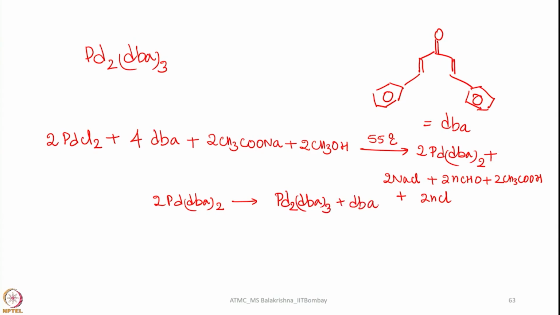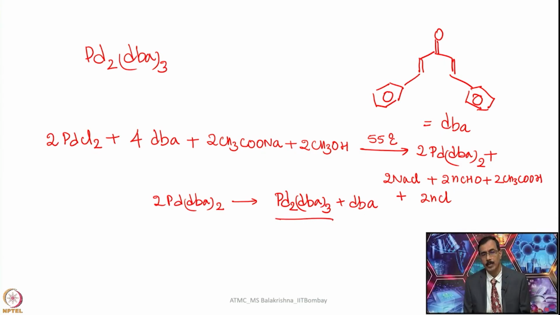One gram of palladium chloride can give you as much as 3.5 grams of Pd2(dba)3. Once you have made Pd2(dba)3, if you dissolve it in chloroform and crystallize, it comes as solvated with chloroform.